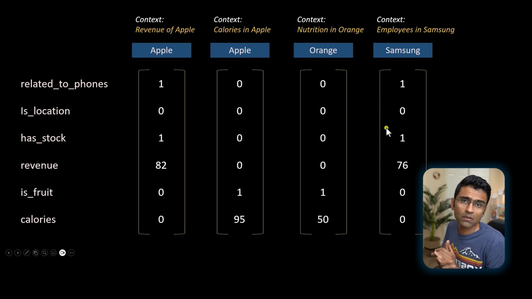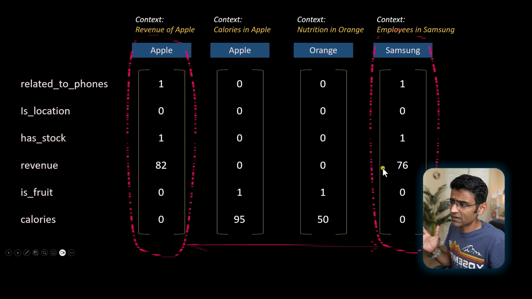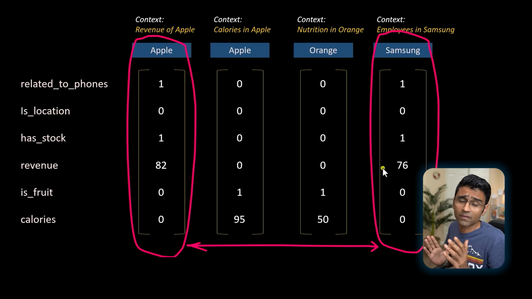Same way, if you have Samsung as a word, you can represent that into a numeric representation. Is it related to phones? Yes. Is it a location? No. And when you look at all these vectors, you can figure out that the first and the fourth vectors are kind of similar.